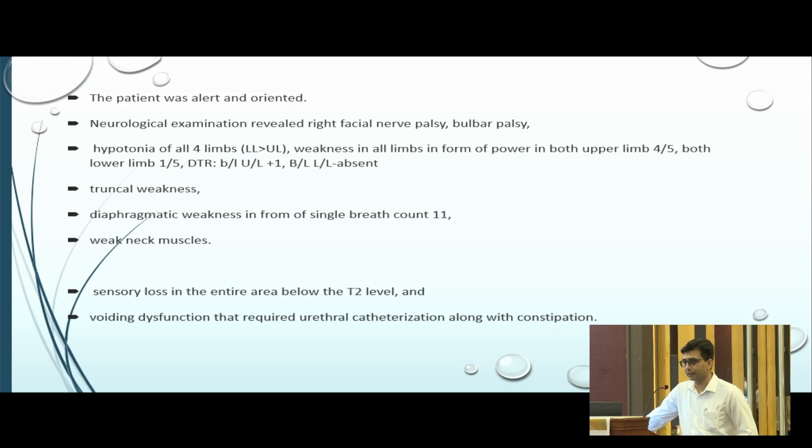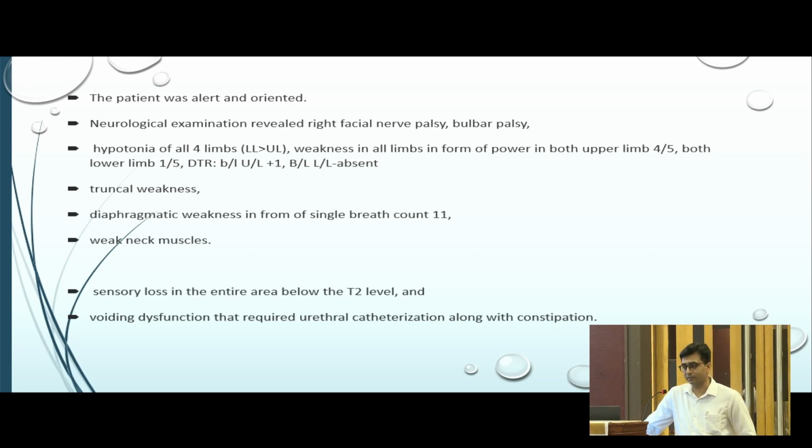DTRs in bilateral upper limbs are +1 and in the lower limbs are absent. Truncal weakness. Diaphragmatic weakness is present, with single breath count of only 11. Weak neck muscles and sensory loss in the entire area below the T2 level, and voiding dysfunction that required urethral catheterization, along with constipation.